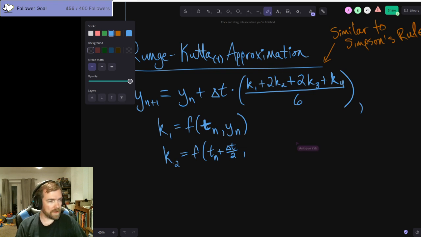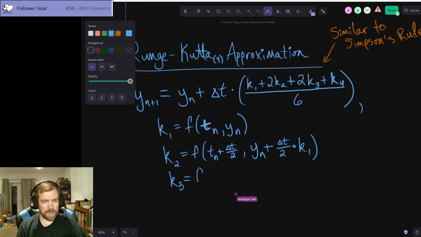Right, and then our y value that we're going to get is Euler's method. So here we get y sub n plus delta t over 2 multiplied by k sub 1. Then k sub 3 is going to take our f of t sub n plus delta t over 2.